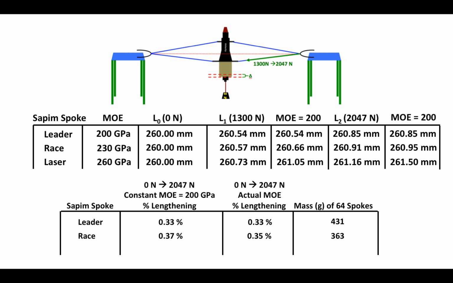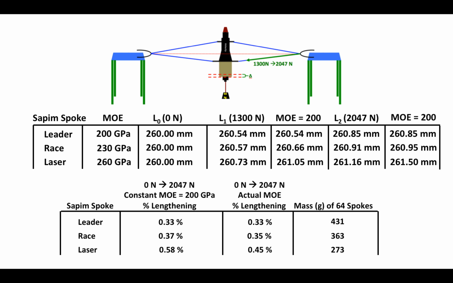For the race spoke, if my modulus of elasticity were kept constant at 200 gigapascals, that is the same as it was for the leader, I would see an increase in length of 0.37%, but with the actual modulus having increased at the same time to 230, my percentage of lengthening is less, it's 0.35%, and my spokes have a mass of 363 grams.